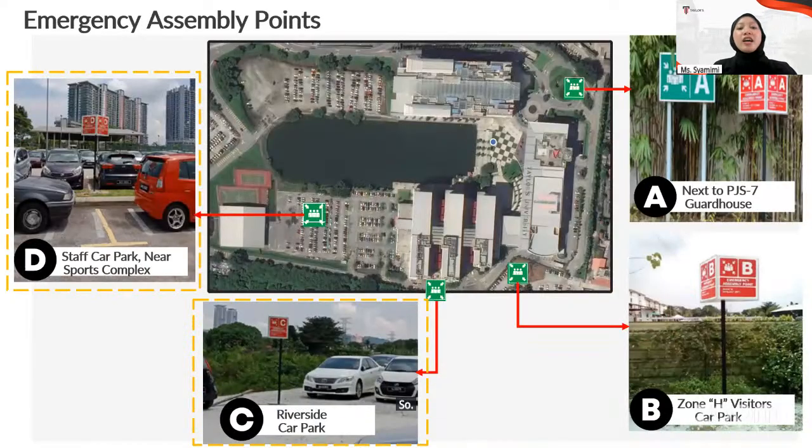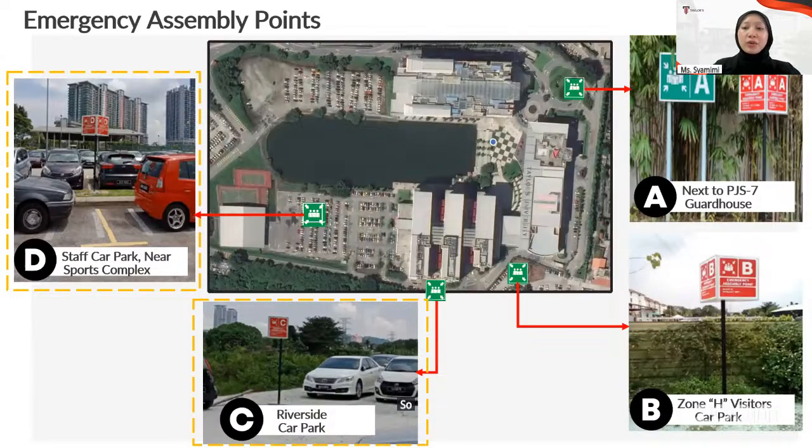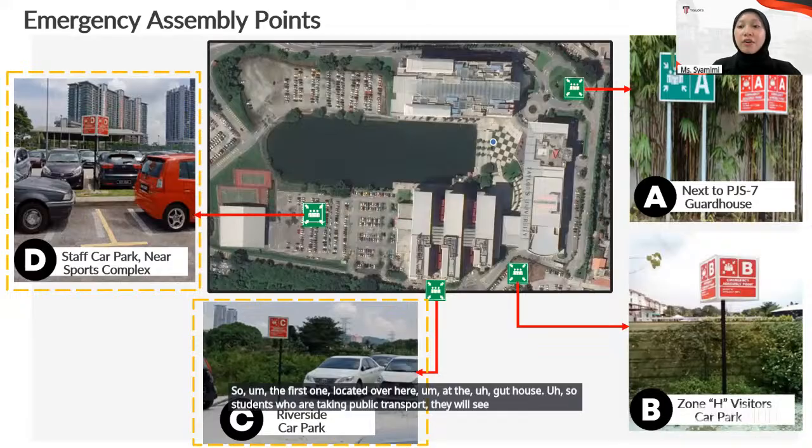As for evacuation, in our campus we have a total of 4 assembly point locations that everyone can go to during emergency situations. The first one is located over here at the guard house. Students who are taking public transport will see this first assembly point.